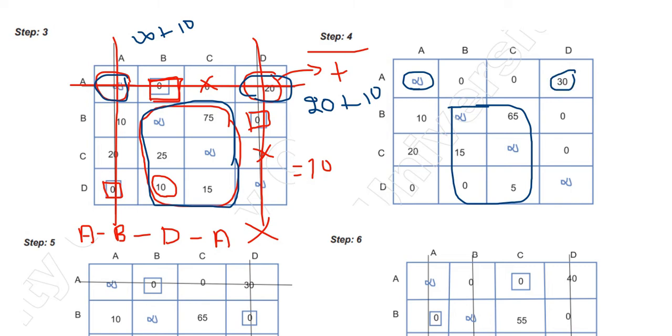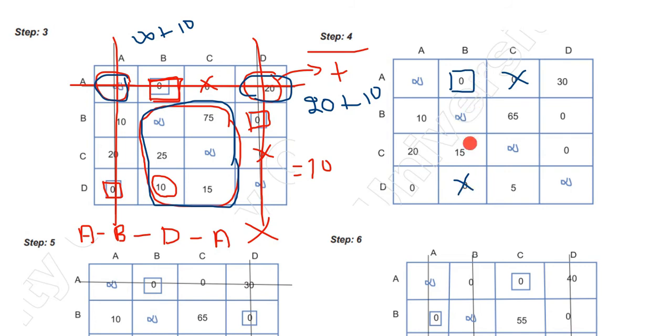So now let's proceed with the same step 3 as how we have calculated by taking the minimum zeros. So here in step 4, we will take this 0. We will cross out all the other zeros coming parallelly towards it, which means we will look at the zeros in the column and cross them out, as well as in the row.